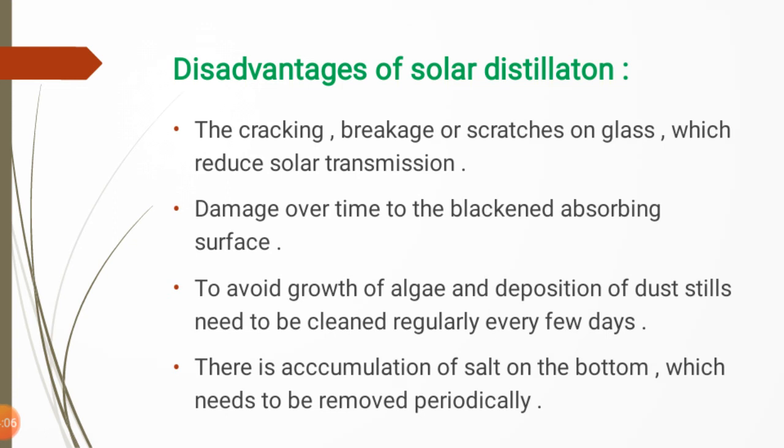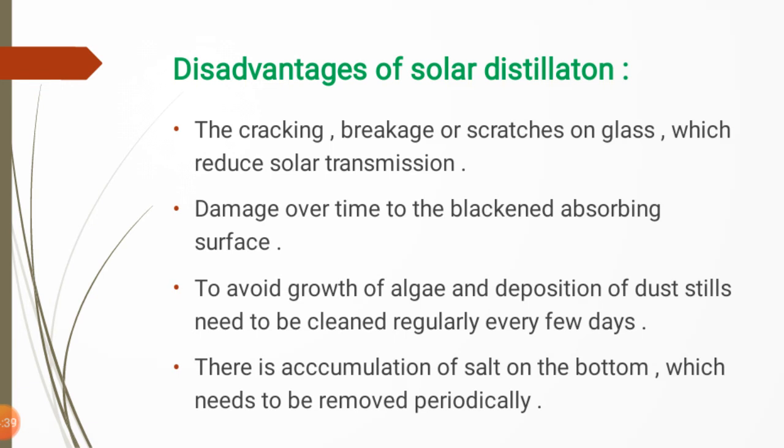The transparent cover transmits all the solar radiation incident on it, but if there is some cracking, breakage or scratches on the glass, this transparency decreases and therefore reduces solar transmission. Then there is less efficiency of the solar distillation system. This is the disadvantage of solar distillation.